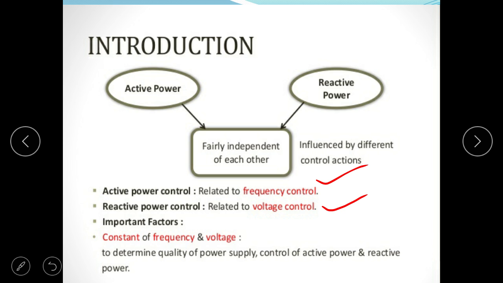Now important factors are constant frequency and voltage to determine quality of power system. Control of active and reactive power is an essential parameter. It means for smooth operation of power system, both frequency and voltage should be controlled or constant.